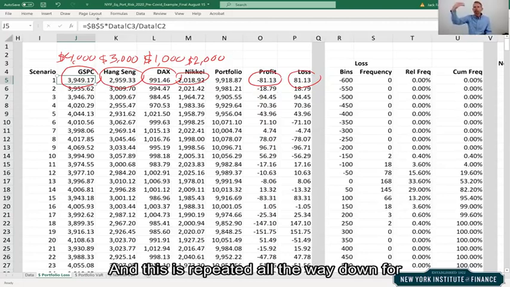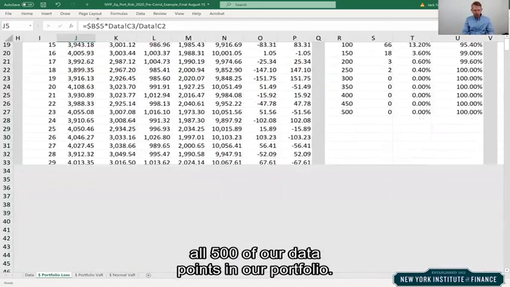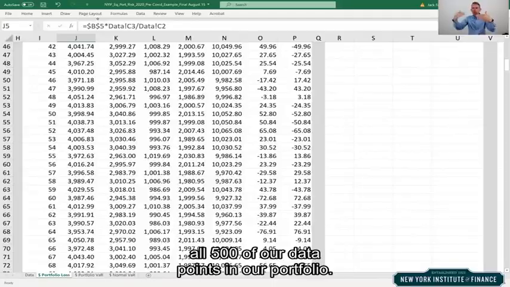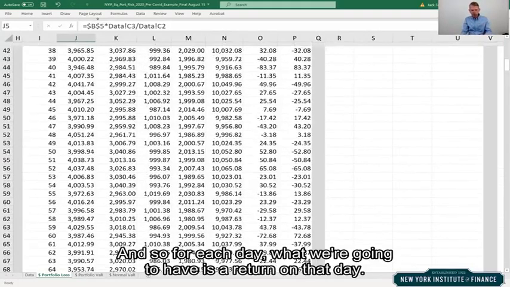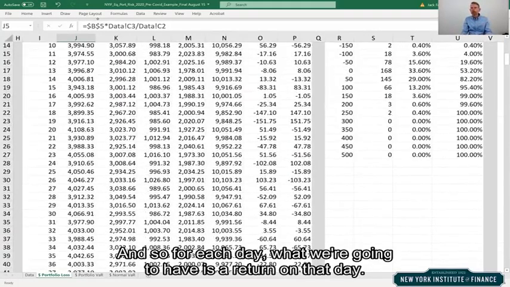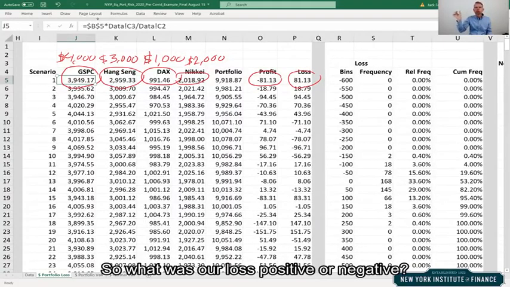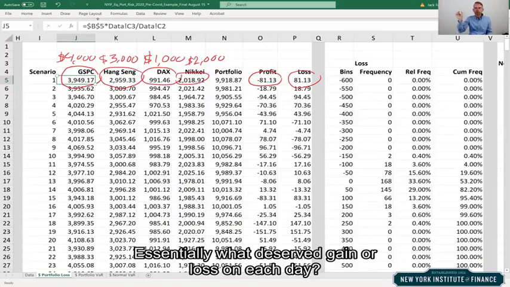Okay. And this is repeated all the way down for all 500 of our data points in our portfolio, as you can see here. And so for each day, what we're going to have is a return on that day. So what was our loss, positive or negative? Essentially, what is our gain or loss on each day?